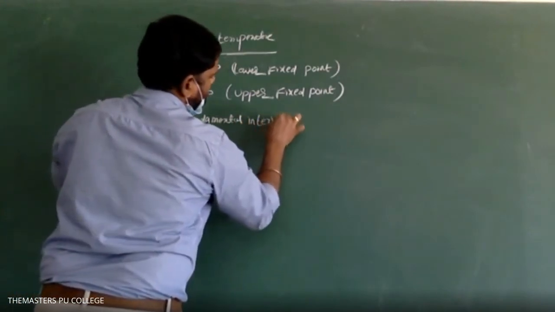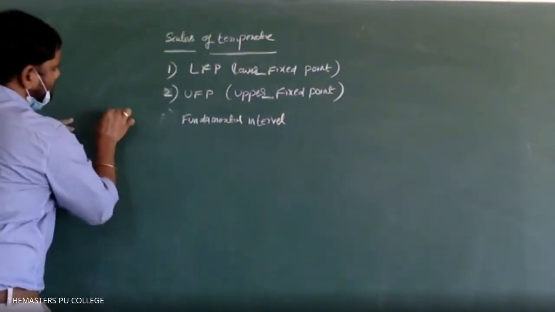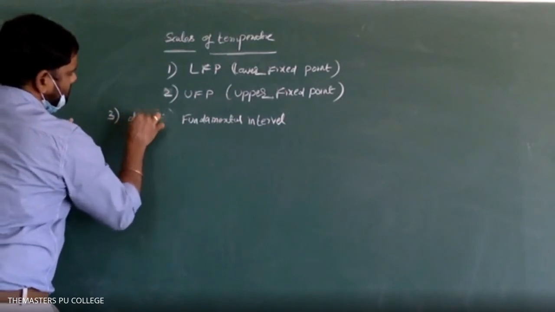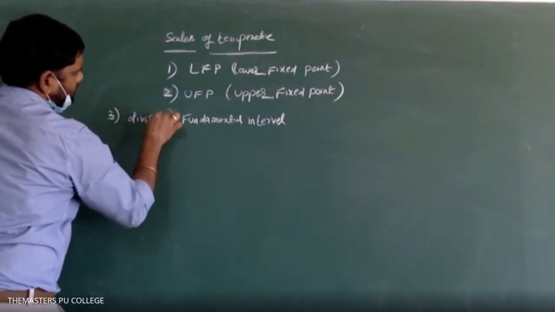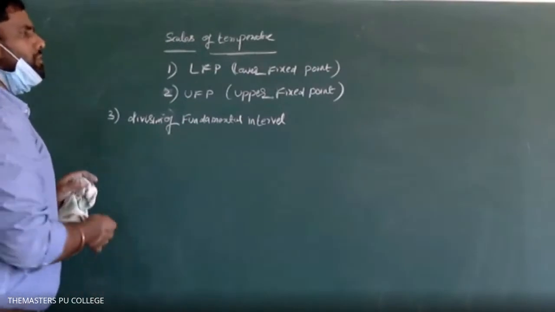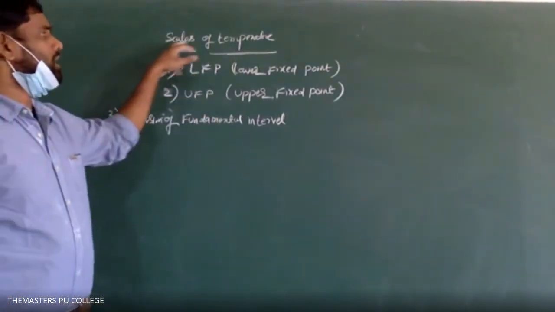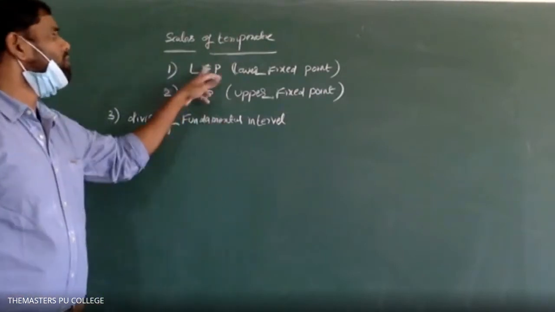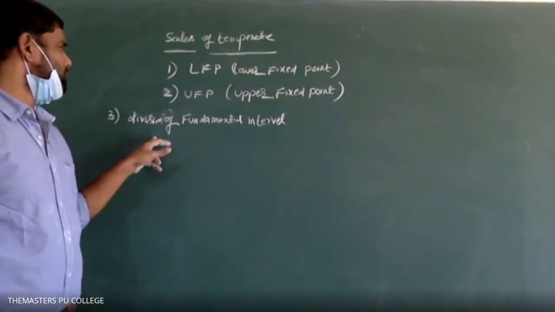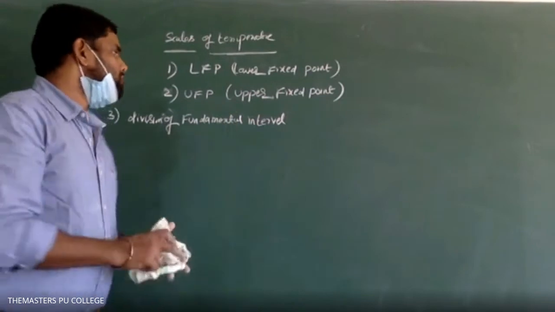So here the third one is division of the fundamental interval. These are the three important steps to design a scale of temperature: lower fixing point, upper fixing point, and the division of the fundamental interval.